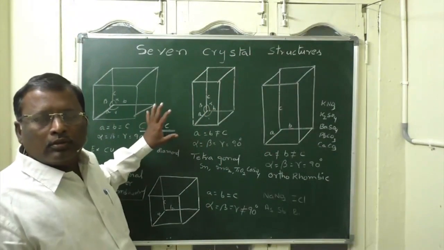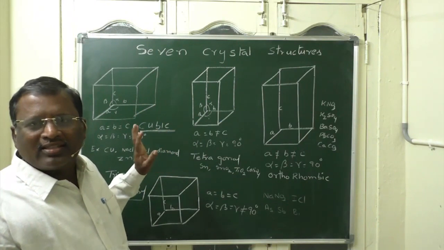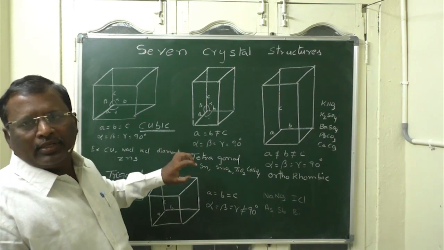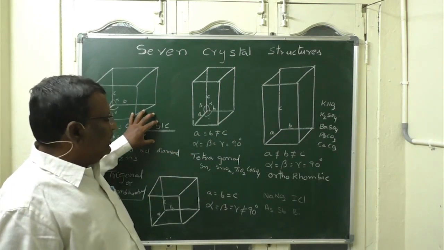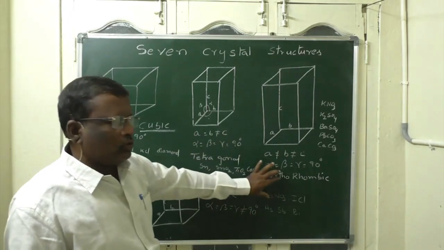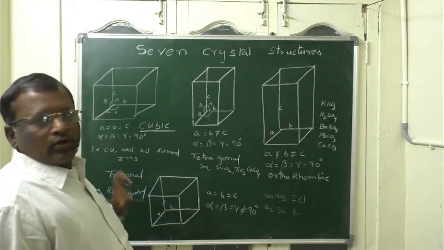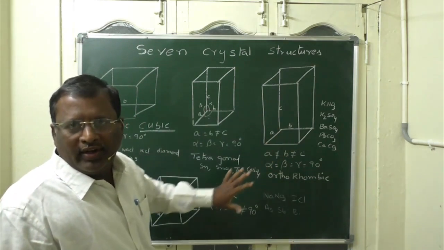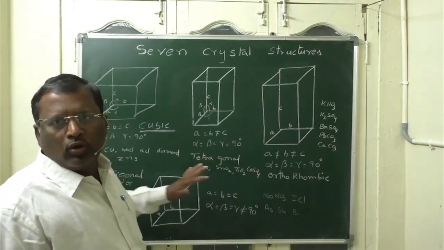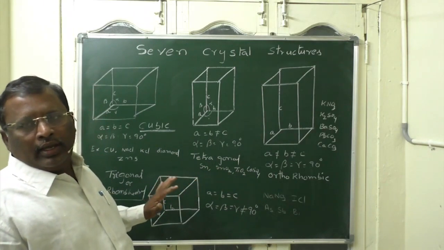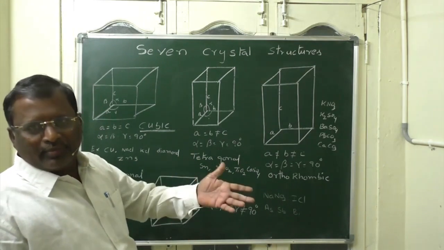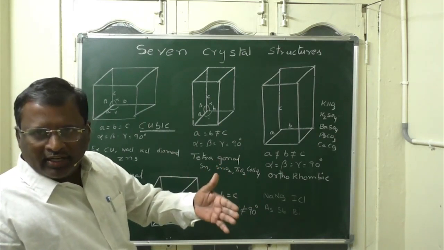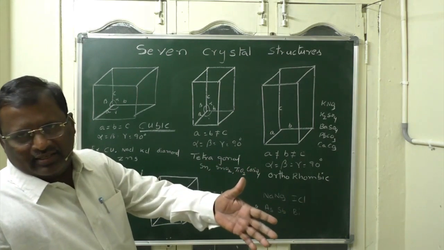So, we need a pattern to remember these structures. These 7 structures can easily be remembered: that is cubic, tetragonal, orthorhombic and trigonal, CTOT, and the other 3 are HMT: hexagonal, monoclinic and triclinic.